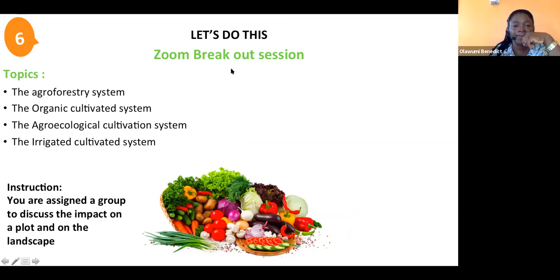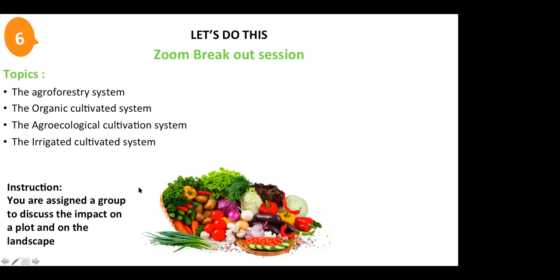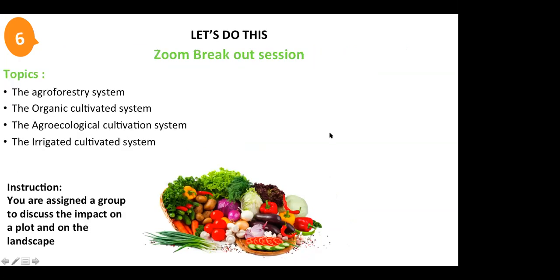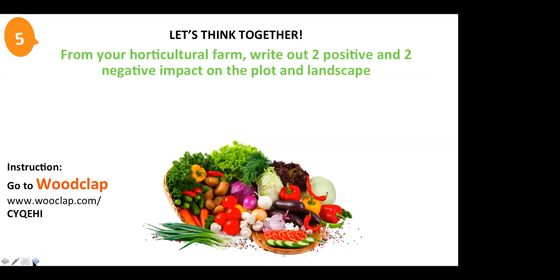So there's no variety from what you are doing. And you might have a problem of disease coming and affecting the whole crop, and the disease spreading to the neighboring farms.